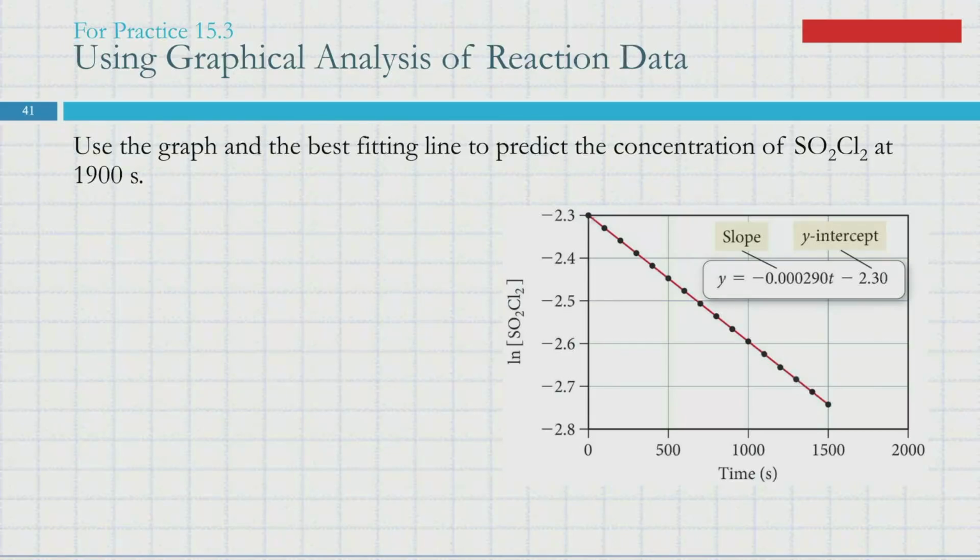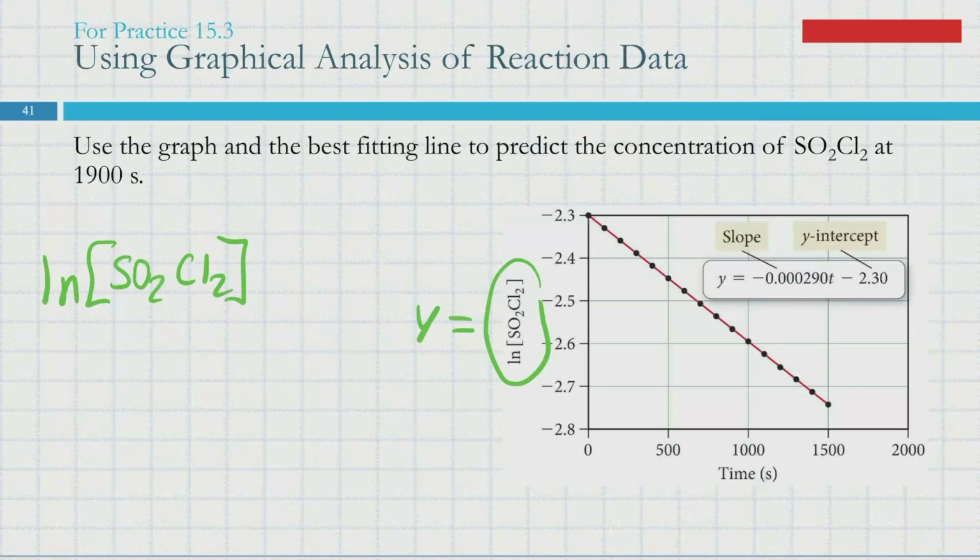What are we graphing on our y-axis? What's the label for our y-axis? The vertical one. Y is that label, the natural log of the concentration. So we can plug that in for the y in this linear regression.